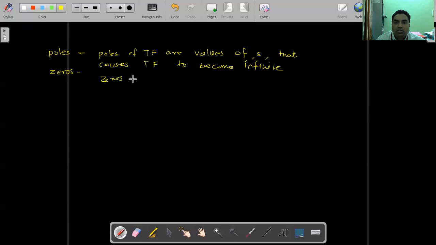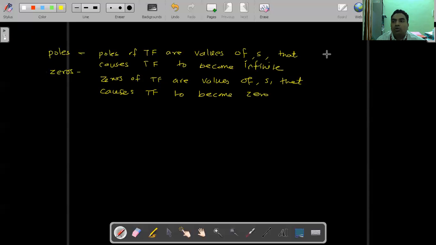And zeros of transfer function are values of s, the Laplace variable, that cause the transfer function to become zero.